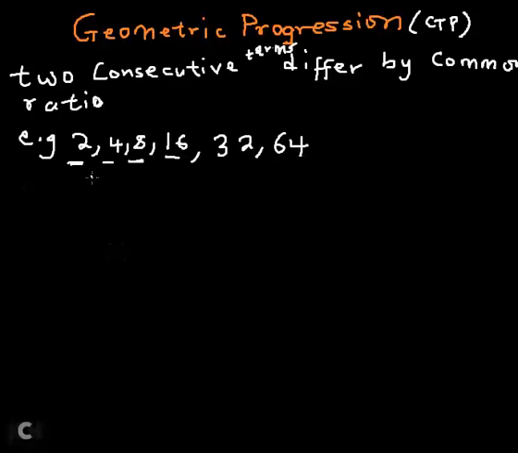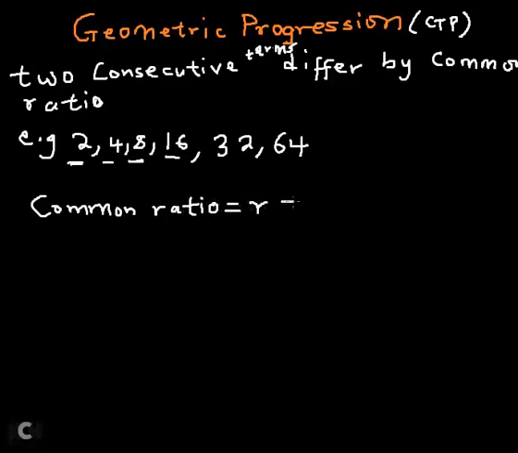So this shows that for a geometric progression, what we have is a common ratio, not a common difference, and we use the symbol R.